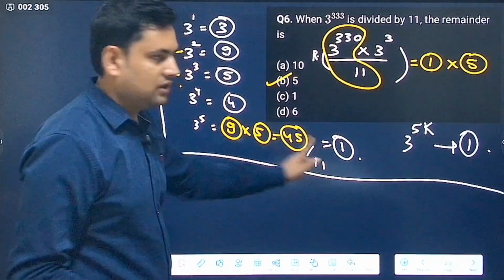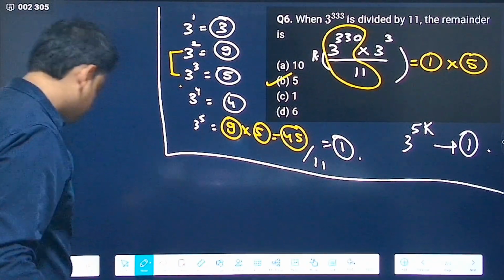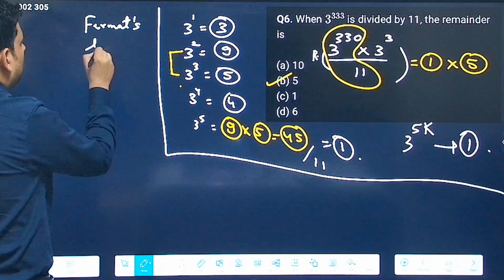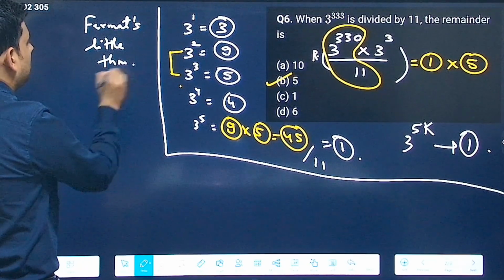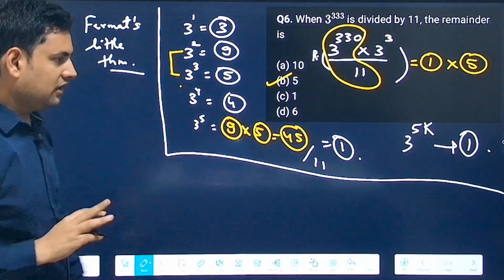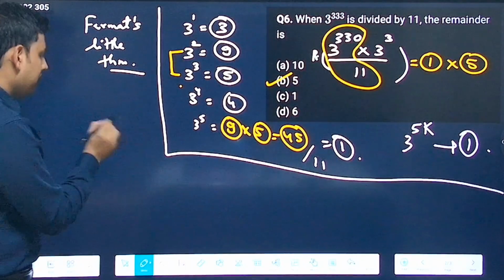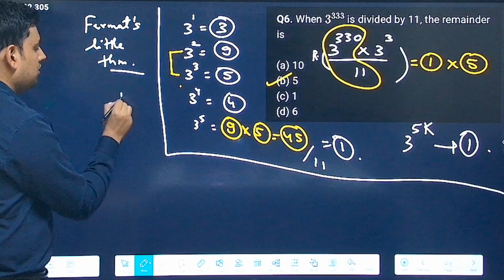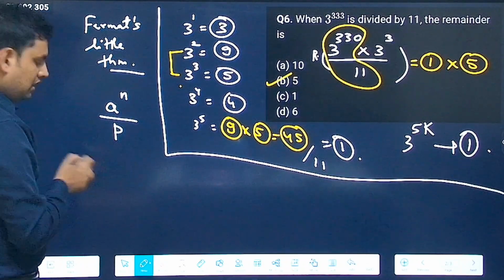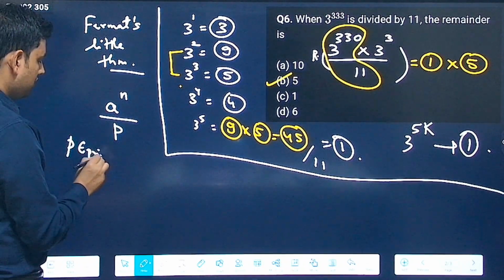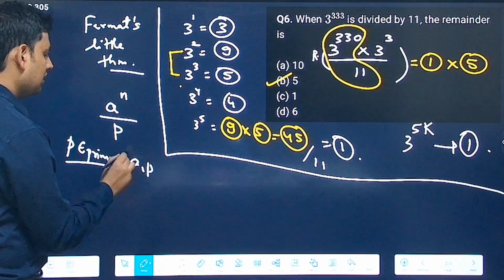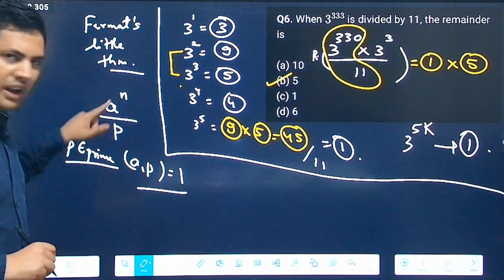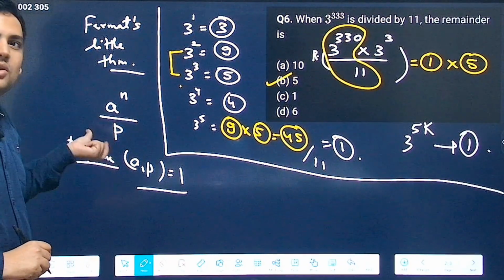This will ease out this process. Okay, now see, this is called Fermat's little theorem, or little Fermat's theorem, whatever. So what you do here: if there is any number a to the power n divided by p, where p is a prime number, and of course a and p are co-prime, otherwise you will have to first cancel it out, so then it is not in the lowest form.